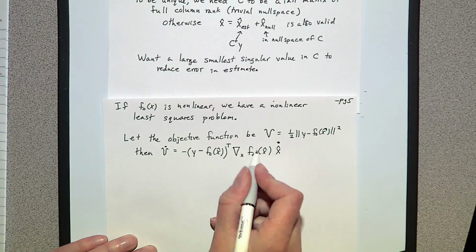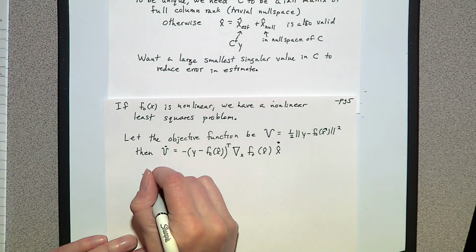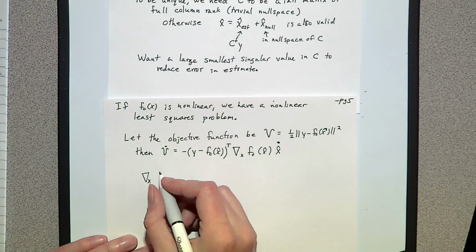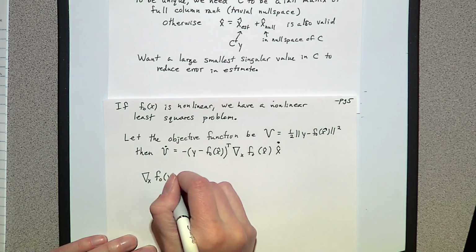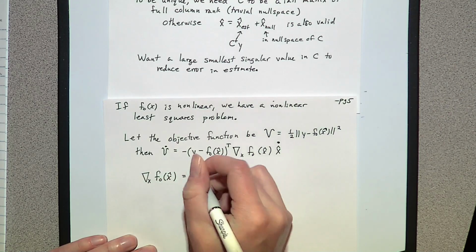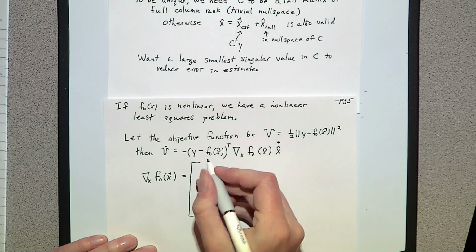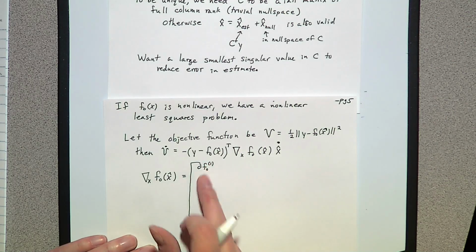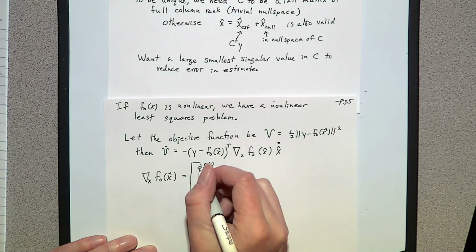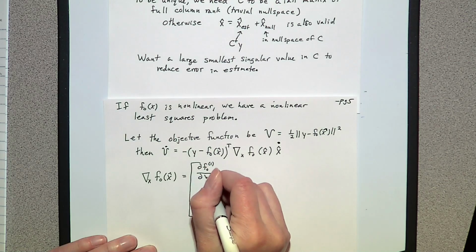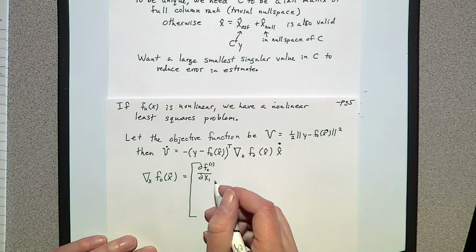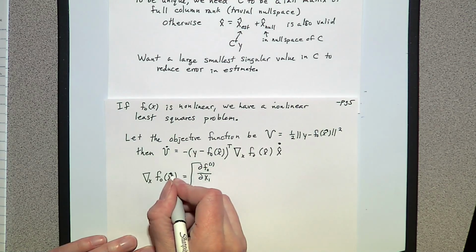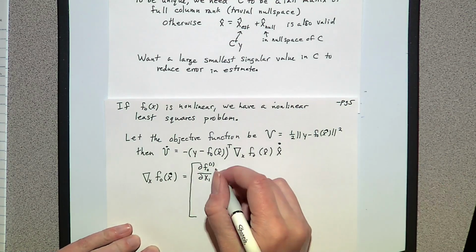And this here, our gradient with respect to x of f0 x hat. So this is a derivative, the first element of our f0 with respect to the first element of x, evaluated at x.